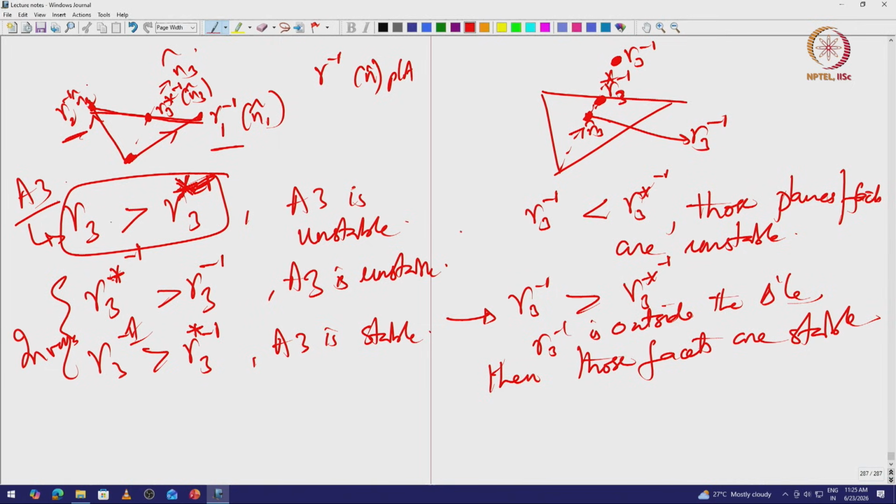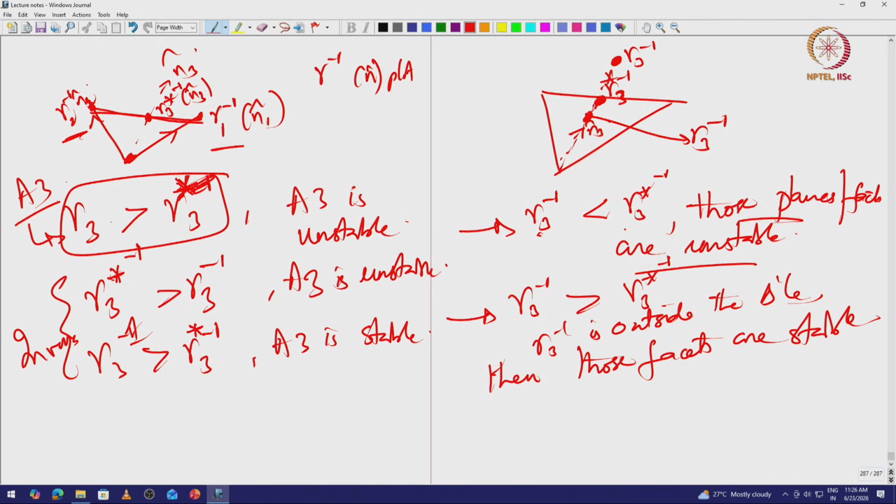Right. So, if gamma 3 inverse is less than gamma 3 star inverse, which means the gamma 3 inverse is lying inside this triangle, right. So, on this normal it lies inside this triangle, then these planes are unstable, right.